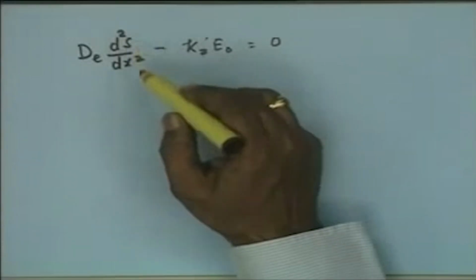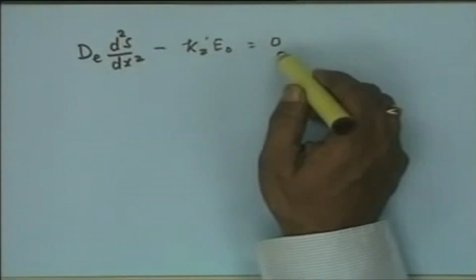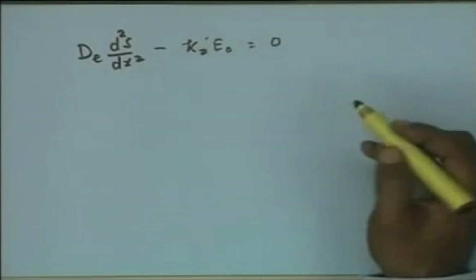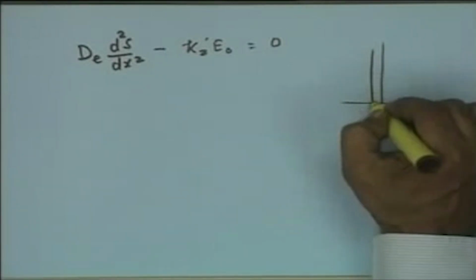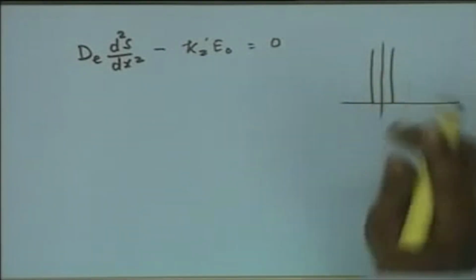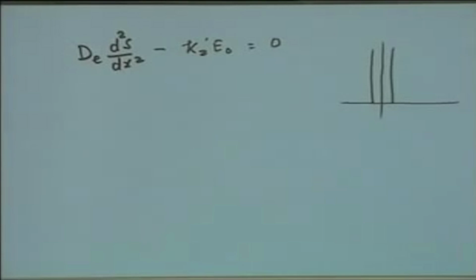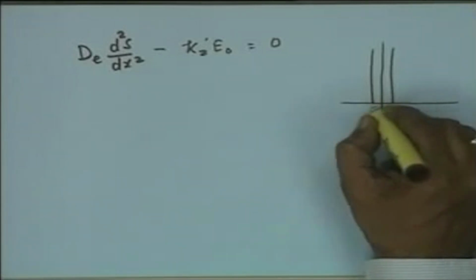That expression can be given by dE d2S over dx square minus k2 dash E naught is equal to 0, and consider that we are talking of a cylindrical disc with a thickness of 2L.